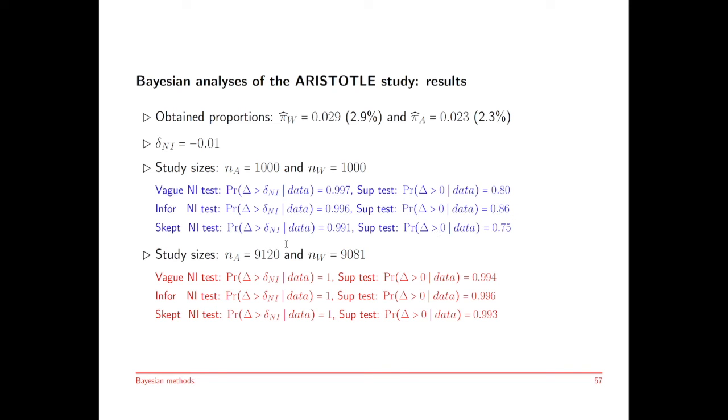On the other hand, when we took the skeptical prior for delta, the posterior probability for the non-inferiority test also decreased, and it decreased much further for the superiority test. When we took the total sample sizes, we saw basically no effect on the non-inferiority test, and we saw a similar effect for the superiority test.